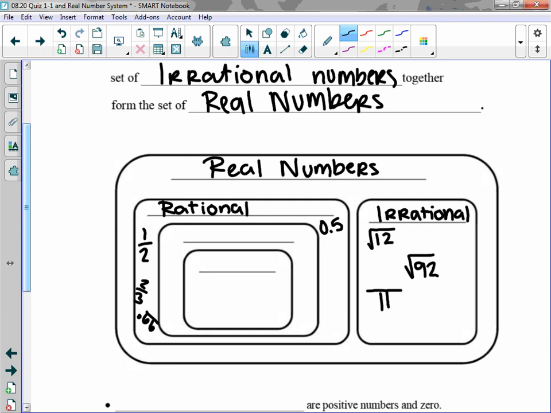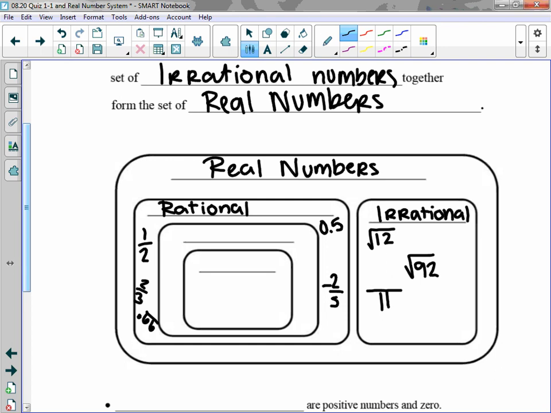Can negative numbers be rational? Yes. So negative 2/5 is a rational number. All right, I need y'all to see it.